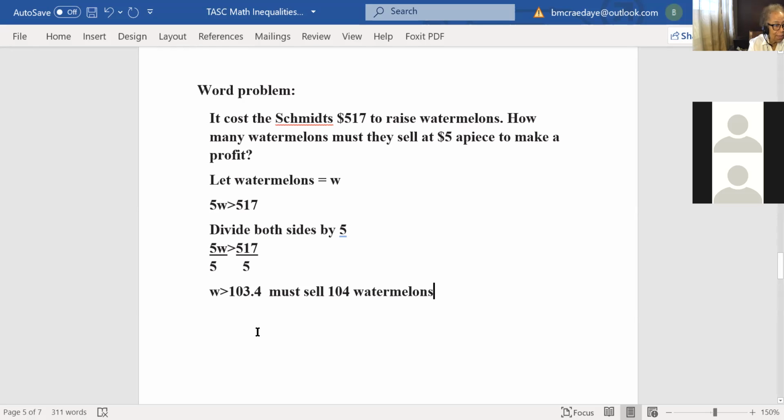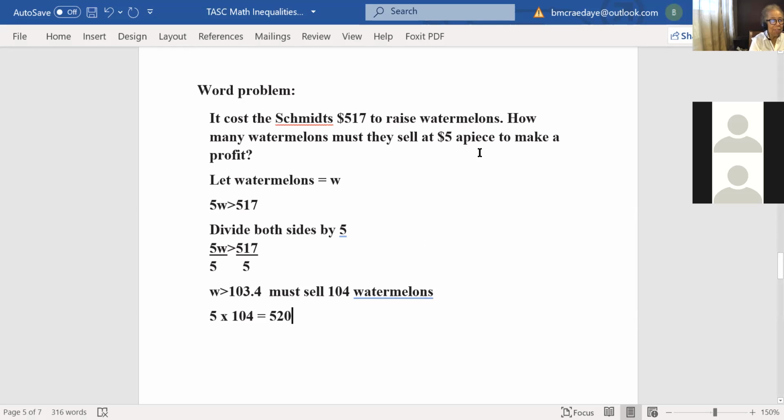So that means that they must sell 104 watermelons at $5 a piece. What's 5 times 104? 5 times 104 is 520.